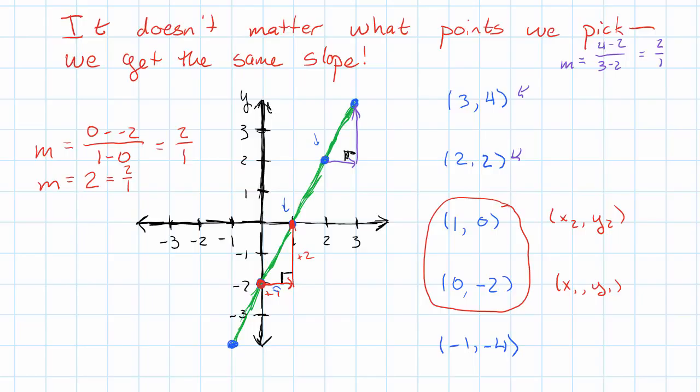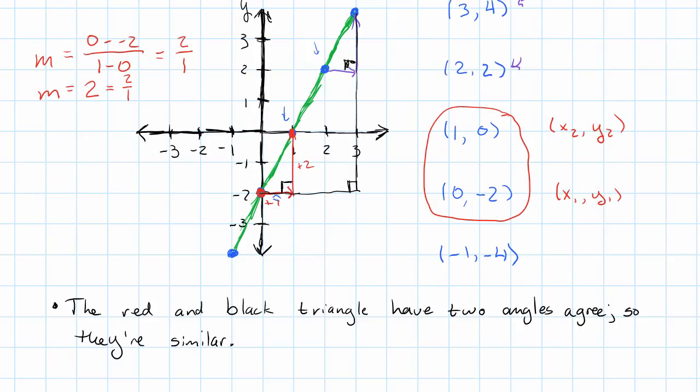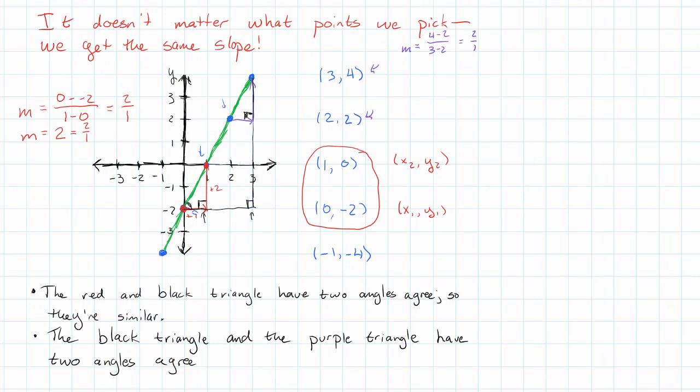So in particular, we have square corners in the bottom here. If I draw this big triangle, the red triangle and the black triangle have two angles agree. Namely, the right angles agree, and this angle that they have in common agrees. So the red triangle and the black triangle are similar.